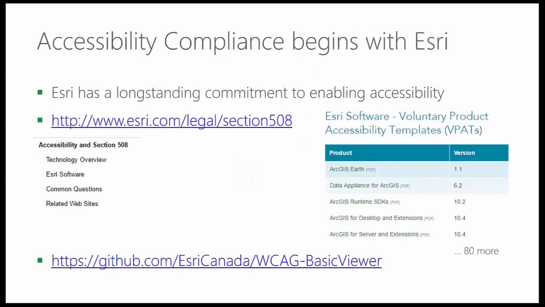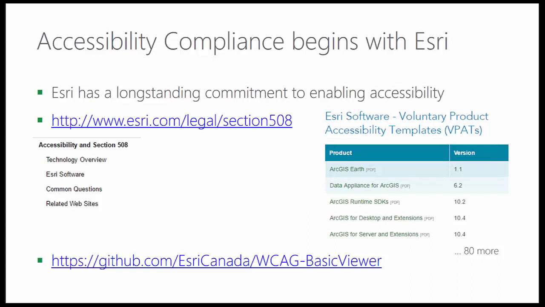Now, every time we want to talk about accessibility, we need to pause for a moment before we talk about Geocortex, and we need to just highlight for you that accessibility compliance really begins with Esri. Esri has a long-standing commitment to enabling accessibility with their platform. And I've included in this presentation, which you'll have access to afterward, a couple of the links that you can go to read more about Esri's specific commitment.